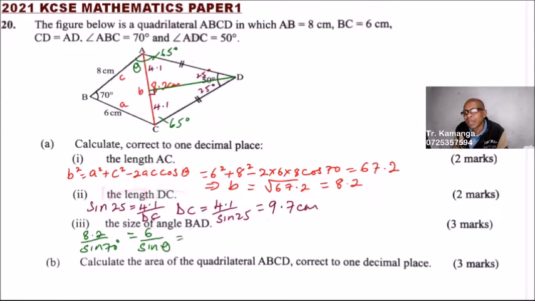This implies that, cross multiplying, sine theta is equal to 6 times the sine of 70, divided by 8.2. You can use your calculator: 6 multiplied by the sine of 70, and that is equal to what?